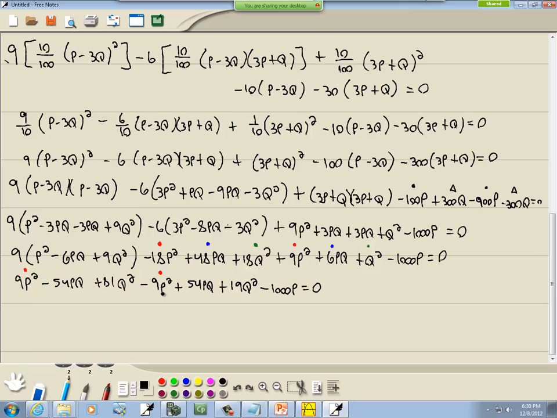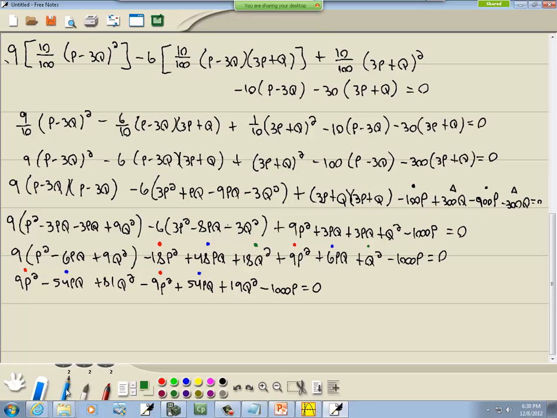9p squared minus 9p squared drops away. Negative 54pq and positive 54pq cancels. So I got 81q squared plus 19q squared. I guess I can combine those together, can't I?